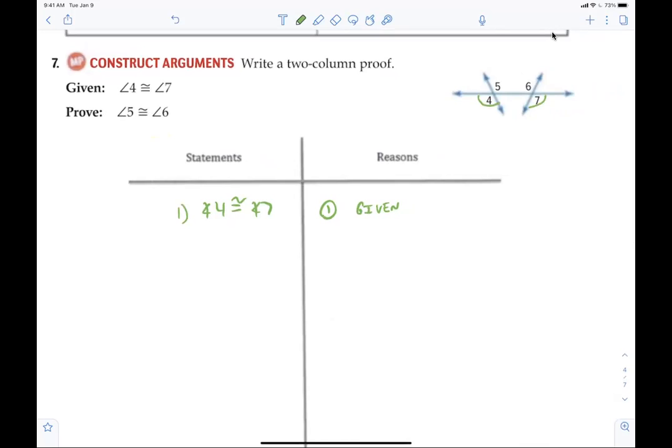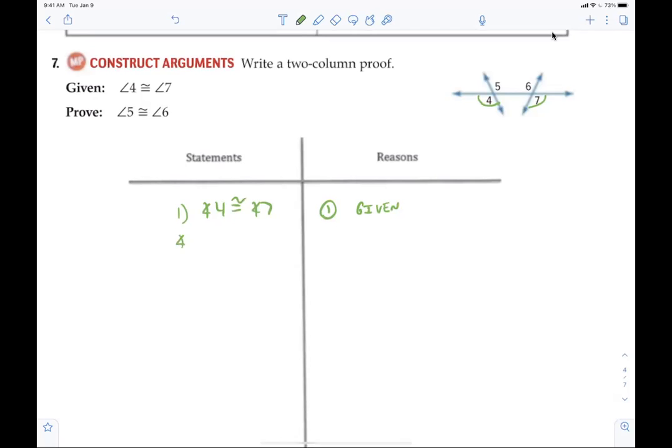Someone else want to tell me something here? Aren't 5 and 6 congruent too? It's like a theorem, I forgot what it's called. Supplements of congruent angles are congruent, but those aren't supplements. 4 and 5 are congruent because of the right angle.